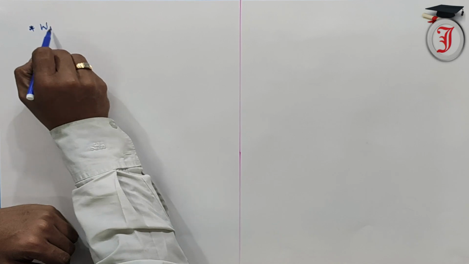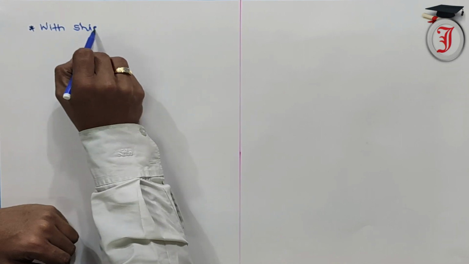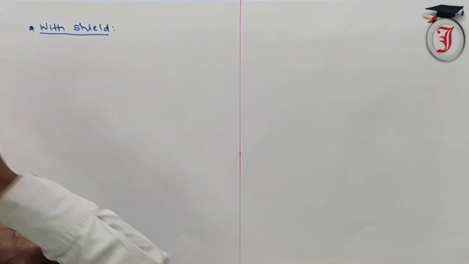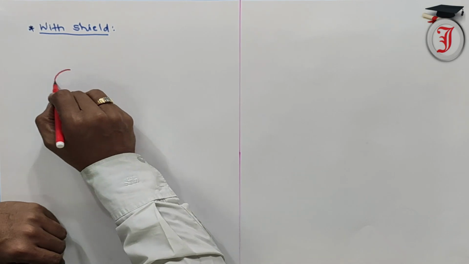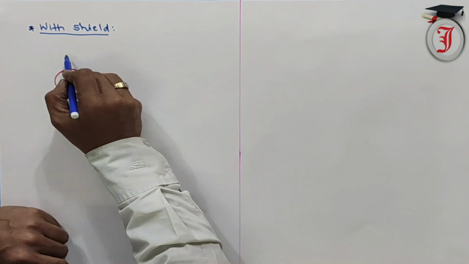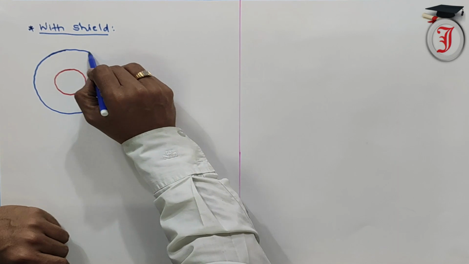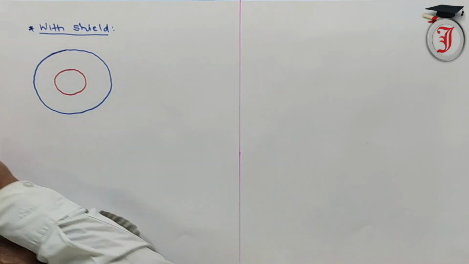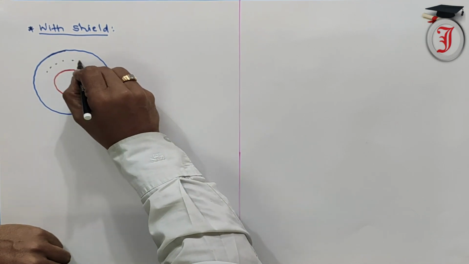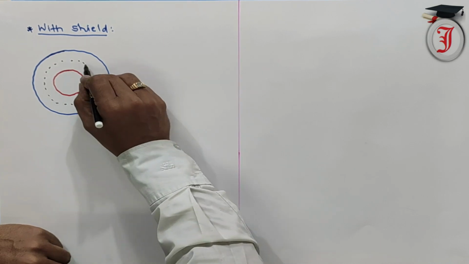Now we will see the case when a radiation shield is inserted between these two tubes. So with shield, let us consider this is the inner tube, and this is the outer tube, having diameter D2 equal to 90 millimeter. Now suppose the radiation shield is inserted between these two with a diameter of 45 millimeter.